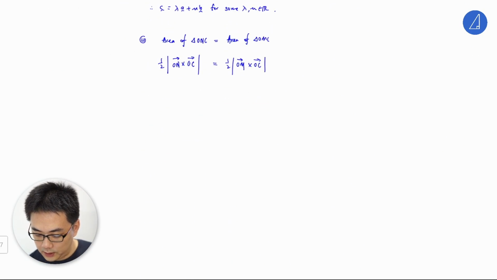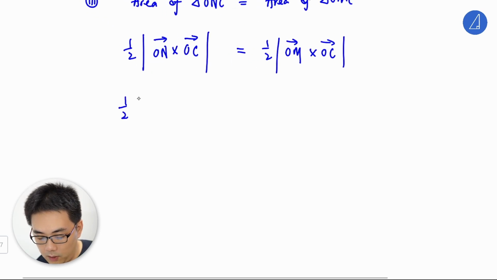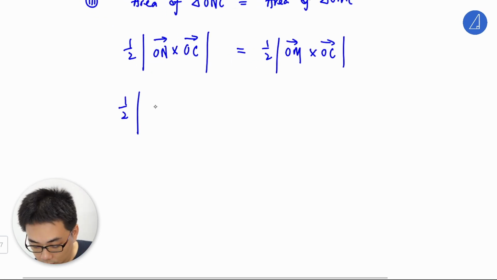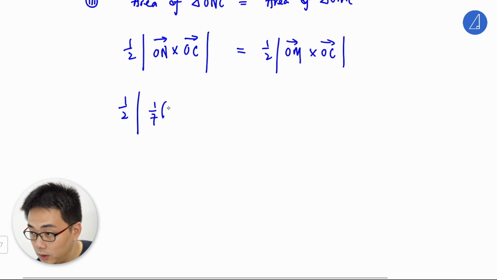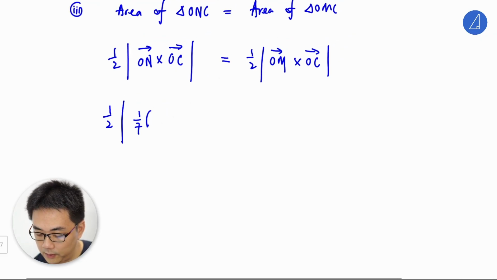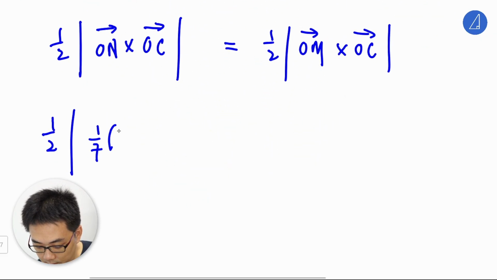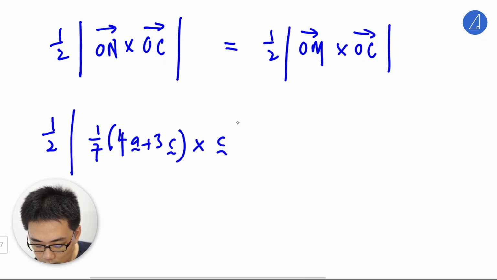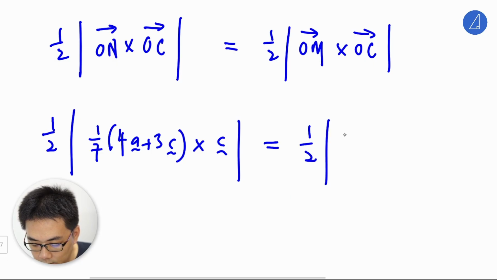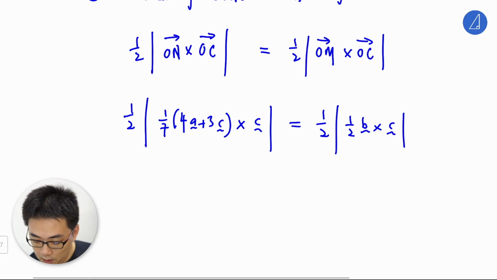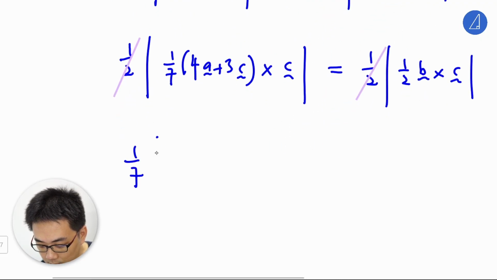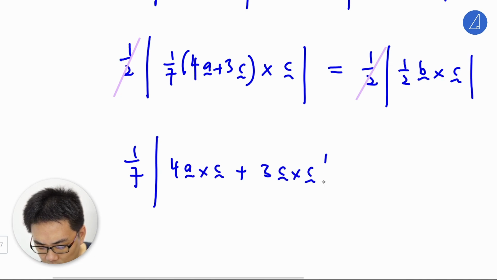ON we got just now was 4A plus 3C, and OM is half of B. Cross C. Cancel, be mindful, 1/7 can be brought out. Then 4A cross C plus 3C cross C. Distribute it properly, carefully.